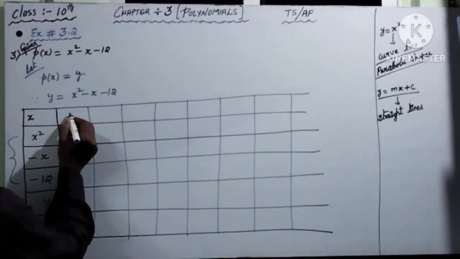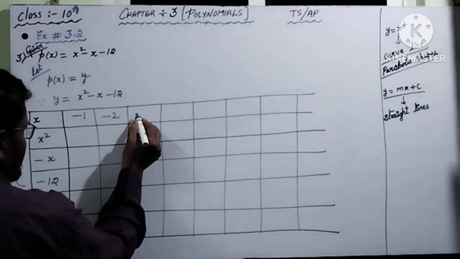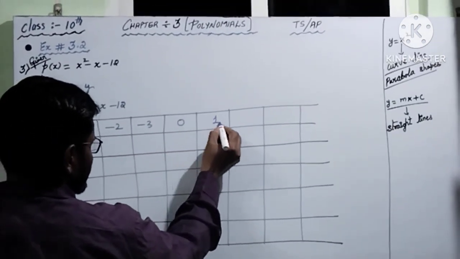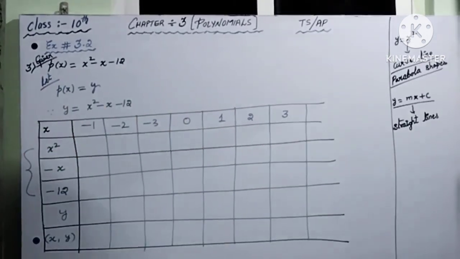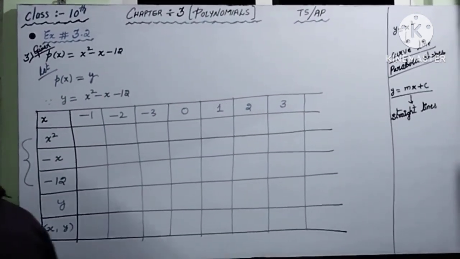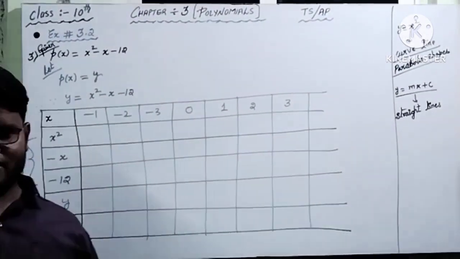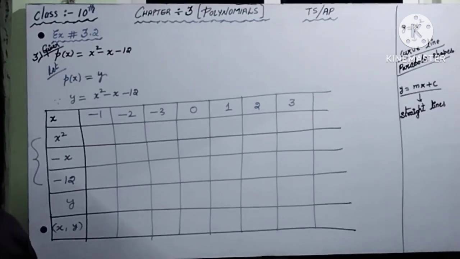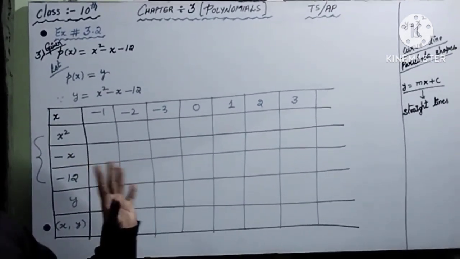Always use these only: minus 1, minus 2, minus 3, 0, plus 1, plus 2, plus 3. Take just 7 values. If you want extra points, you can also take plus 4, plus 5, minus 4, minus 5. Minimum points is this much.